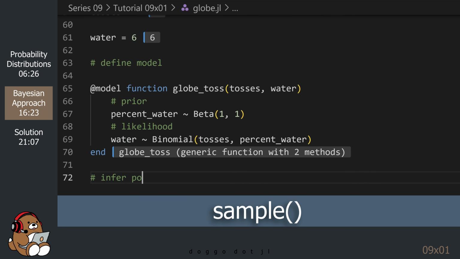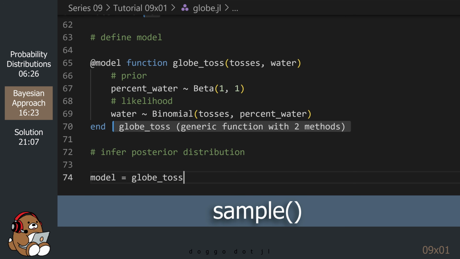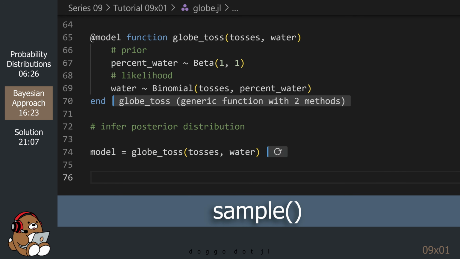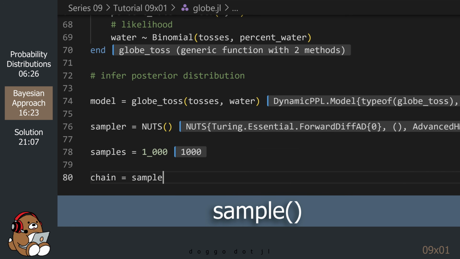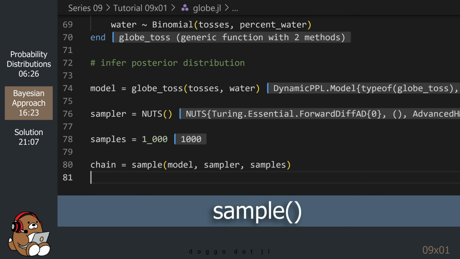In Turing, taking samples is accomplished by the appropriately named sample function. The sample function takes 3 arguments: a model, a sampler, and the number of samples. The sampler is an algorithm that defines how your computer takes samples from the model.